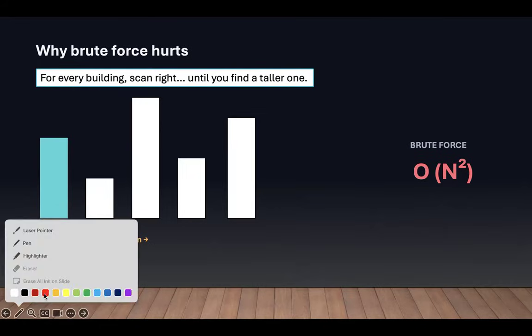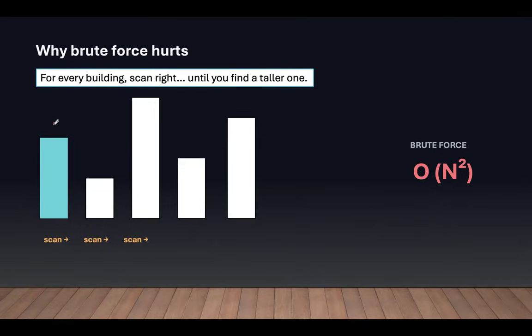Let's see. We have a person standing here, and that person has to find the next greater element to this building. Let's say all of these are buildings of different heights. So that person will go to the next building, check if it is greater. If no, it will go to the next building, see if it is greater.